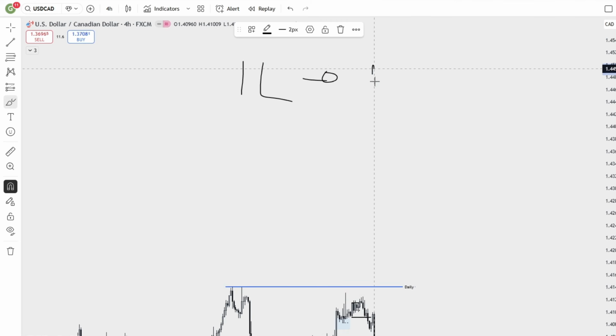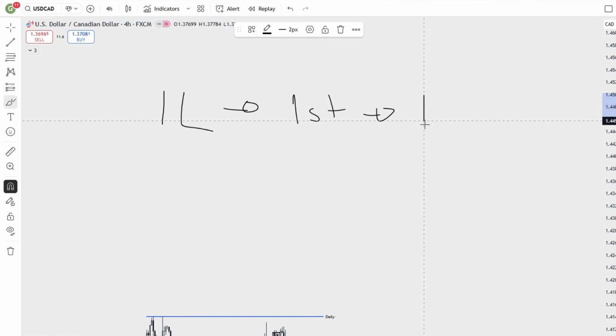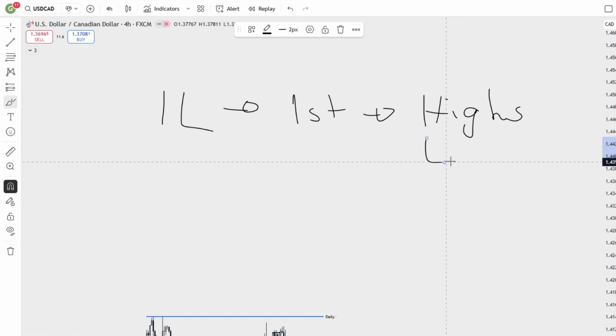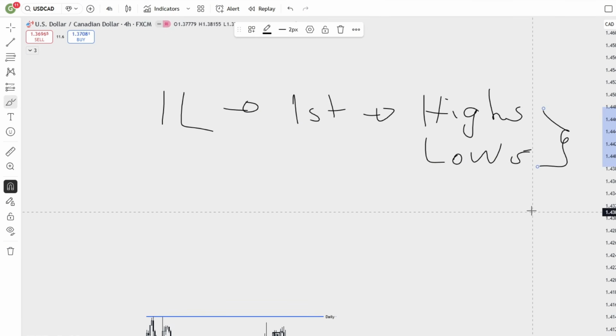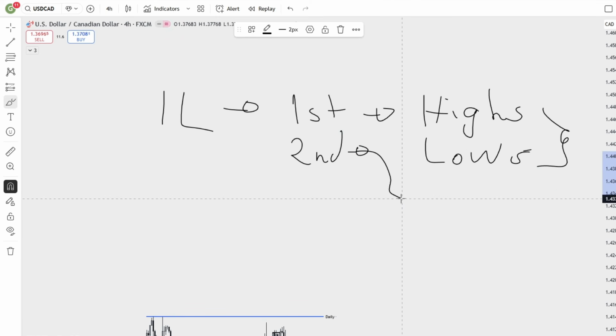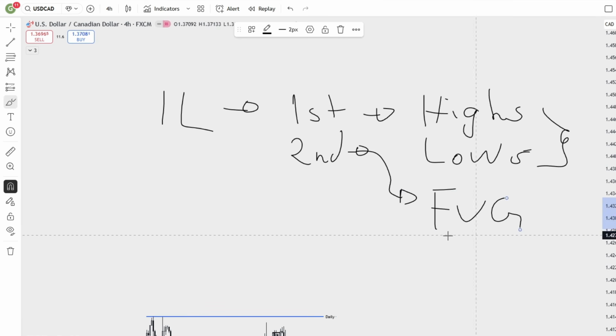Our first internal liquidity is highs and lows, internals obviously. And the second, I'm going to put right here, is fair value gaps as the internal liquidity.